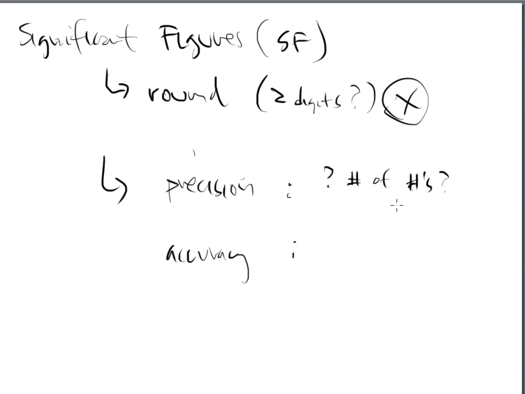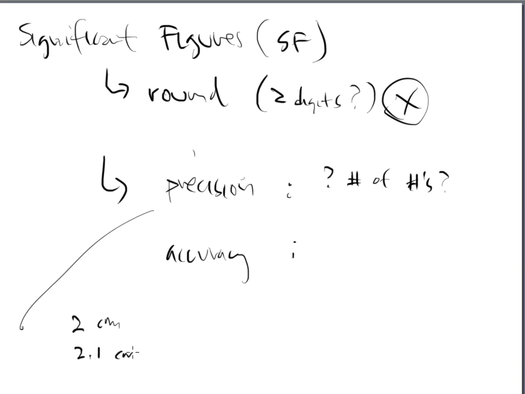For instance, let's say that I make a measurement and the measurement is just a 2. All right, 2 centimeters, let's say. I measure something with a ruler. Well, someone around me could have a better ruler, and that ruler allows them to report a distance of 2.1 centimeters.